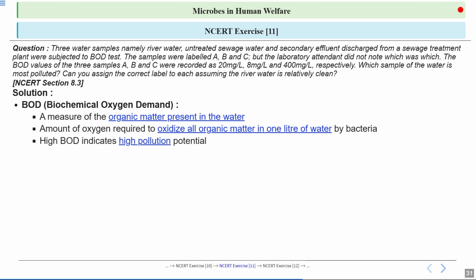High BOD indicates high pollution potential, meaning there is more organic waste in the water. Low BOD indicates cleaner water. In clean water there is less organic matter, so its BOD will be less. The amount of oxygen used by the bacteria to degrade this organic matter is basically BOD in 1 liter of water.